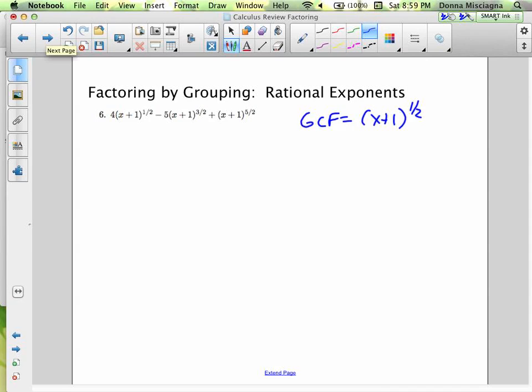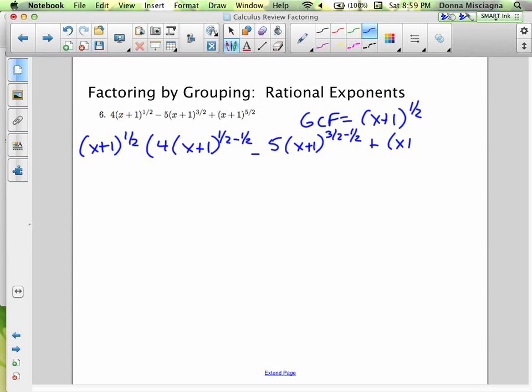Right, so we have x plus 1 to the 1/2 times, you got the 4 there, 4 times x plus 1 to the 1/2 minus 1/2, minus 5 times x plus 1 to the 3 halves minus 1/2, and then plus x plus 1 to the 5 halves minus 1/2.